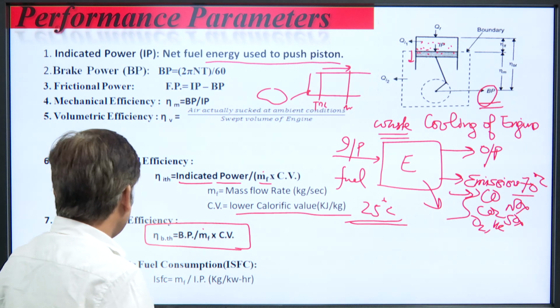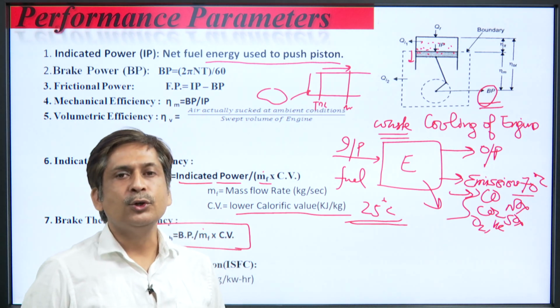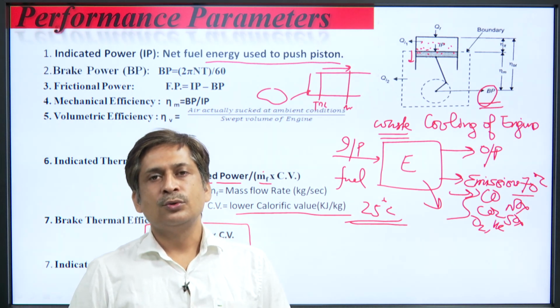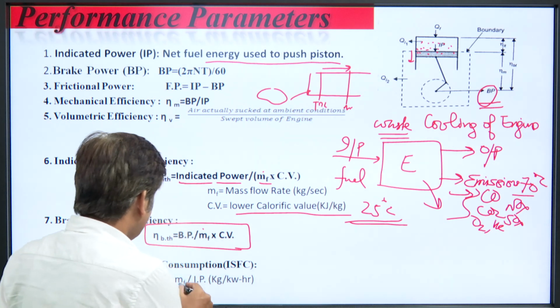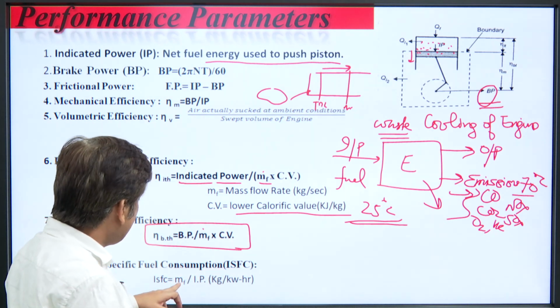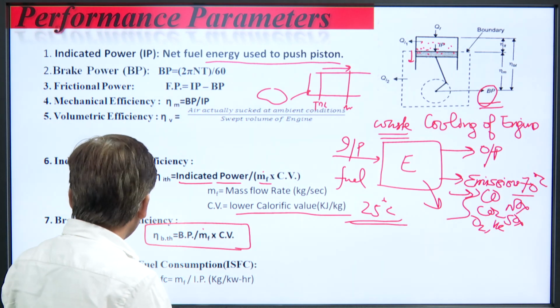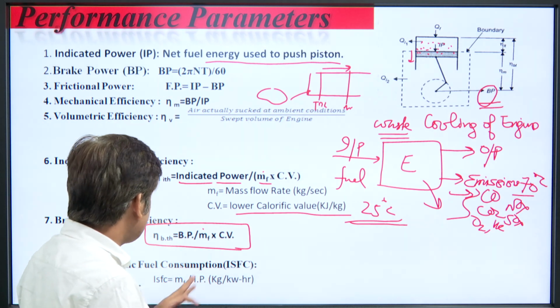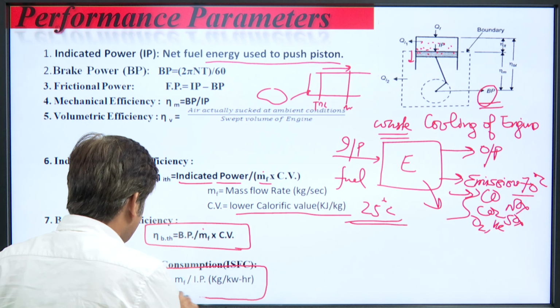Similarly, indicated specific fuel consumption is the fuel consumed to convert 1 kilowatt of power. So, how much fuel is burned to convert 1 kilowatt of indicated power is known as indicated specific fuel consumption, and it is formulated as m dot f upon indicated power.